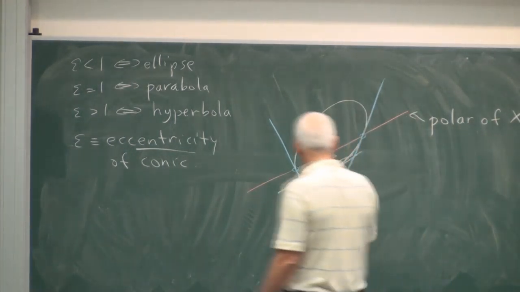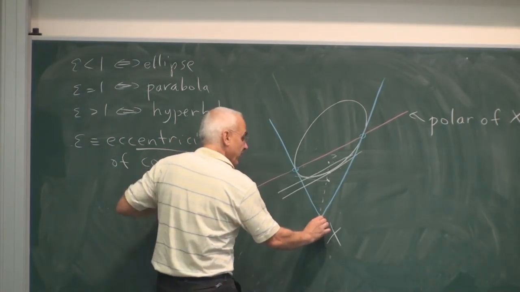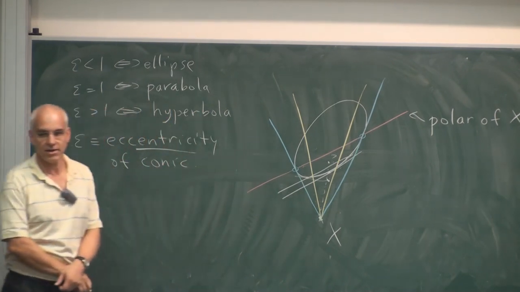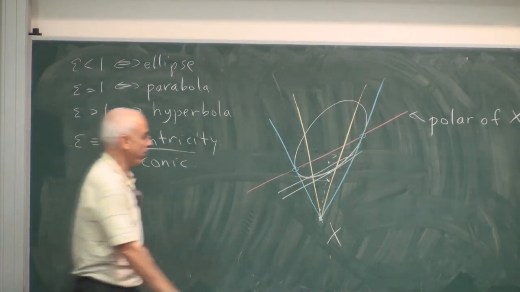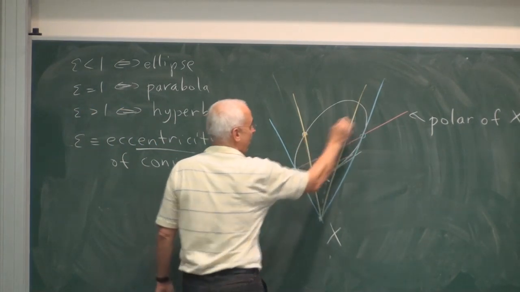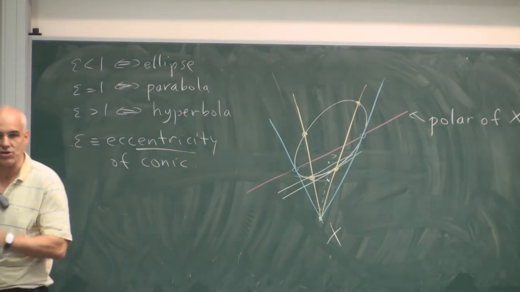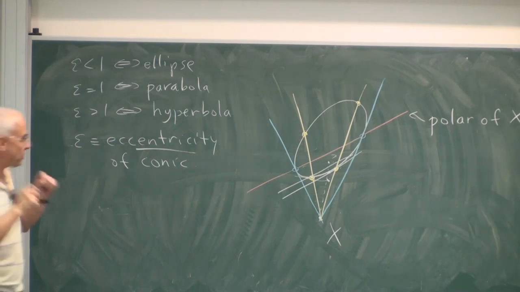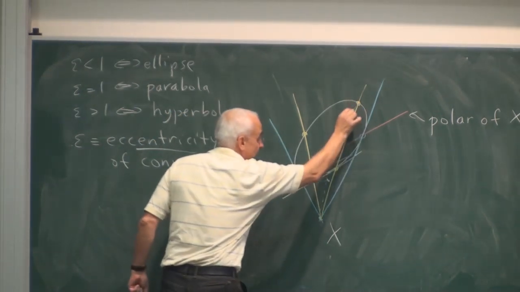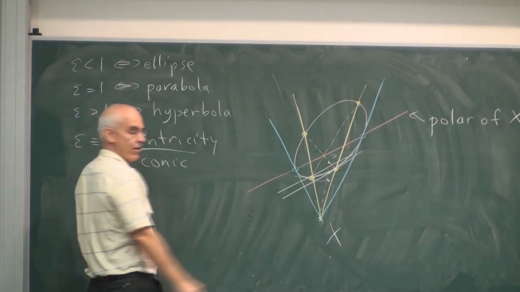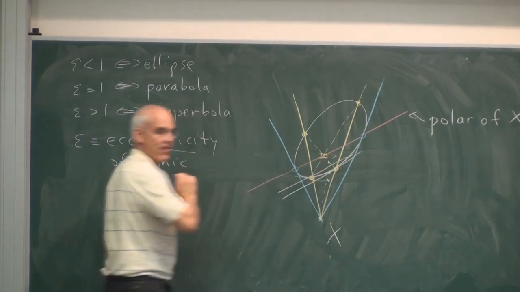So here's another construction. What you do is you take your point x and you draw any two lines that cut the conic in 4 points. Any two lines. And then those 4 points, you join their diagonals. There's one, giving us a point of intersection right there.